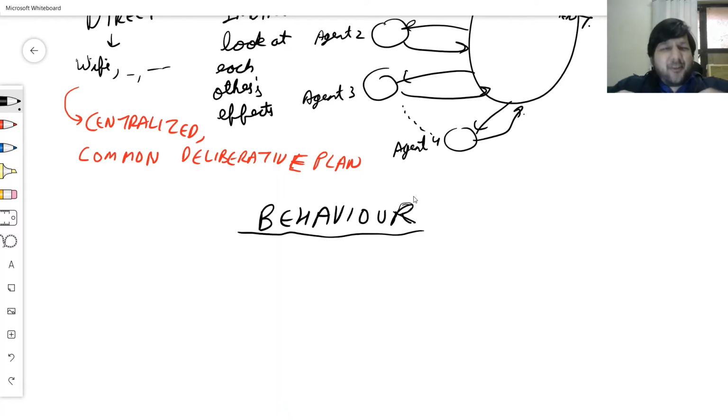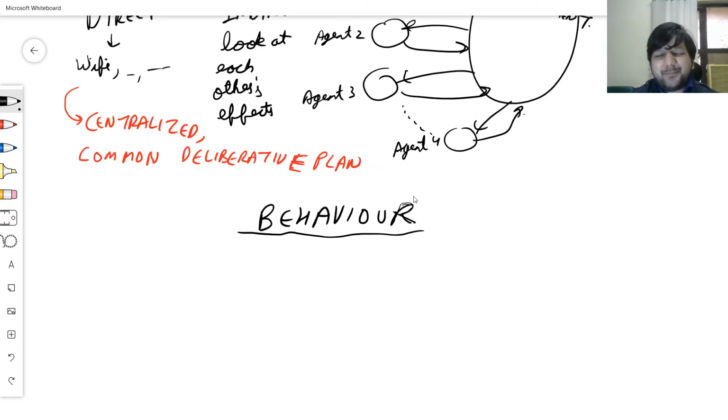Some are more aggressive, some are more socializing, some do not want to take any risk, some are entrepreneurs: let's take a risk. Some are more careful. So every person actually has a different behavior. And for a single person also, with time and situation, the behavior will change.